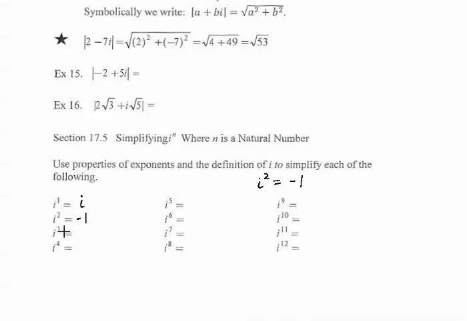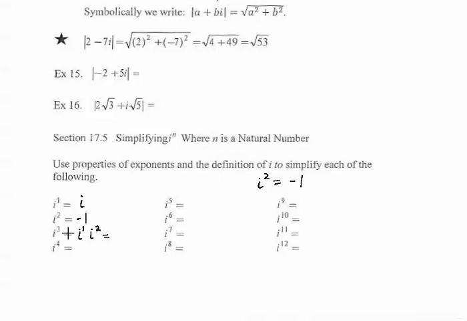But now, how can we simplify i to the third power? What we can do is write it as an i to the first times an i squared. Okay, if we apply the product rule, these exponents can be added to give us the 3 back.